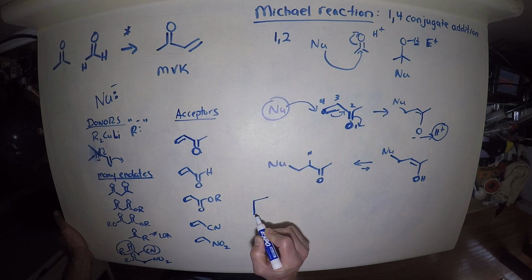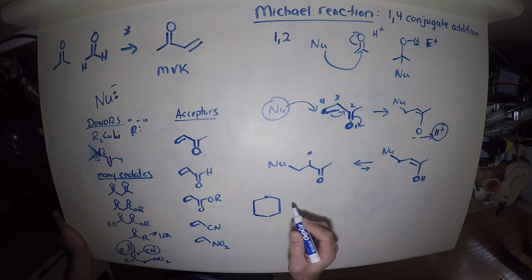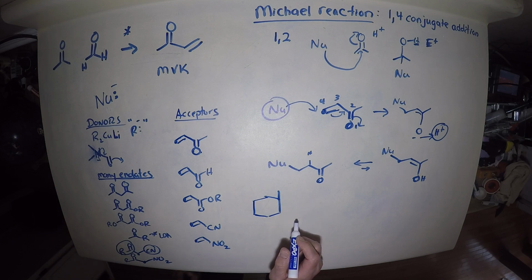A classic example of that is the Robinson annulation, which is a ring-forming reaction.